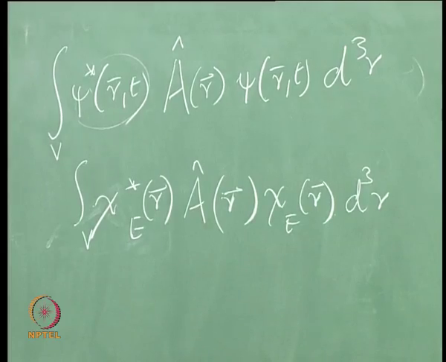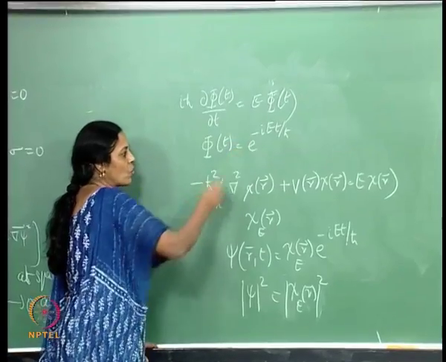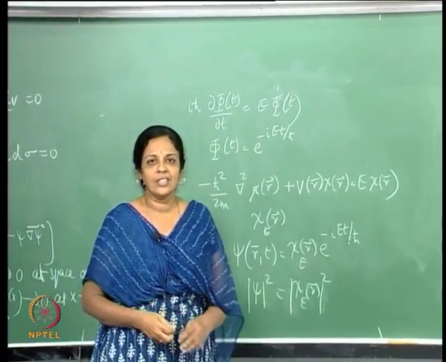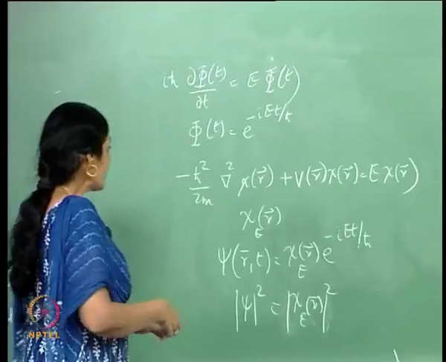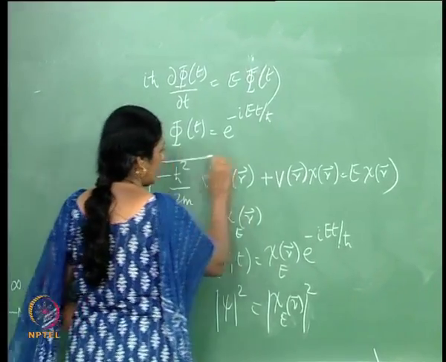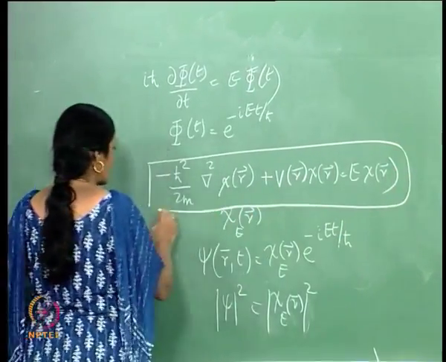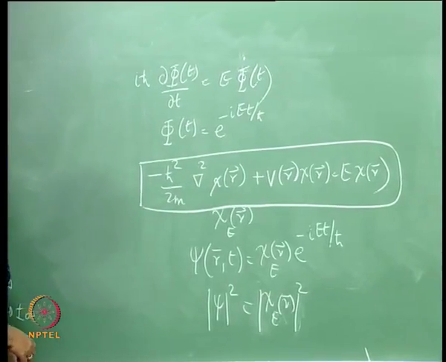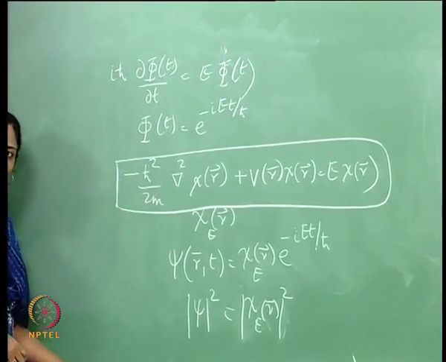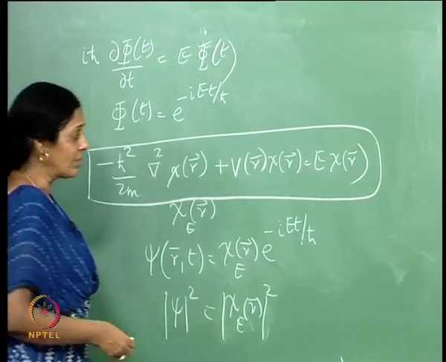So, in a stationary state of the system, the time dependence goes as e to the minus iEt by ħ, and this equation here, which one solves to find χ(r), clearly has no time dependence, and this is the time independent Schrodinger equation.